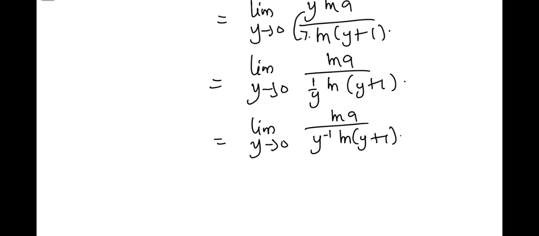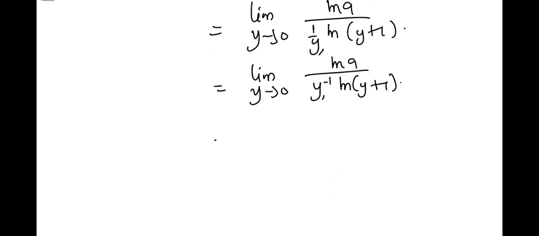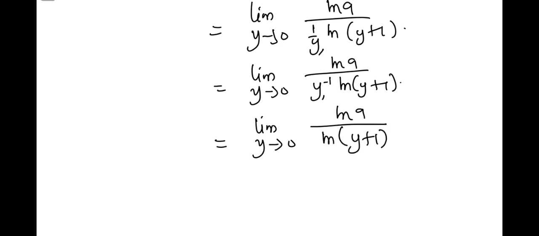Either we leave it this way or this way, all are correct. But by the laws of logarithms, we can write this as the limit as y goes to 0 of ln a all over ln of (y plus 1)^(1/y), like this. Any number that comes here can go here. That's the laws of logarithms.